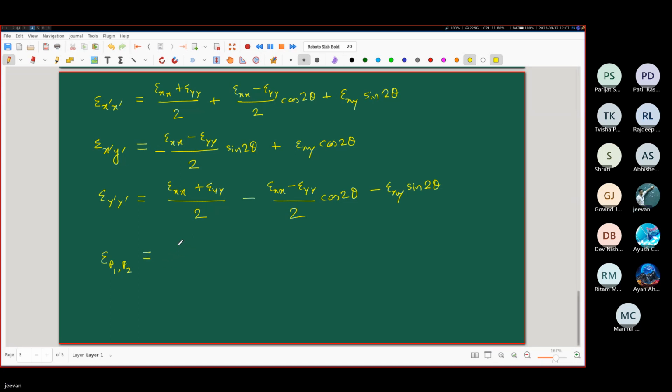It is exactly the same as before, epsilon xx plus epsilon yy by 2. So the picture we had from the Mohr circle, sigma average plus minus r, here also is epsilon average plus minus r. So you could as well have a Mohr circle for strains.